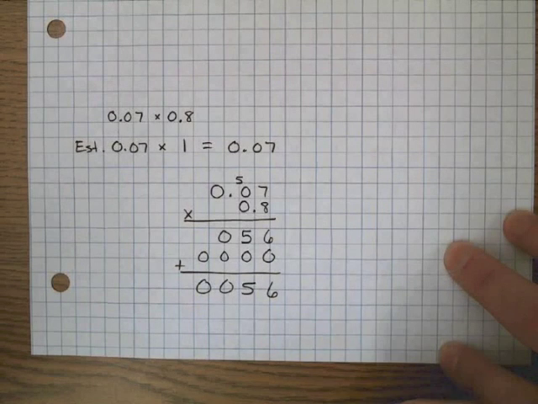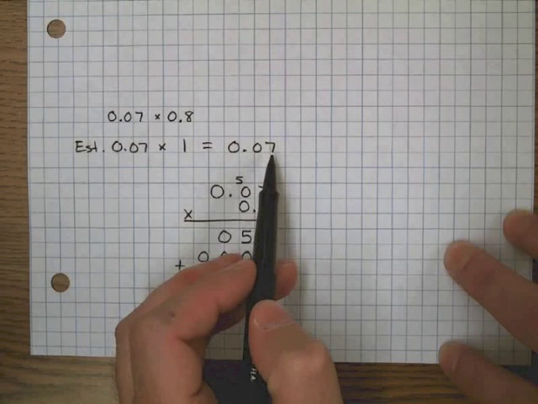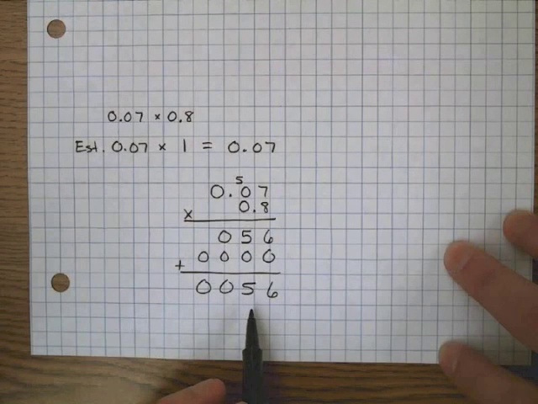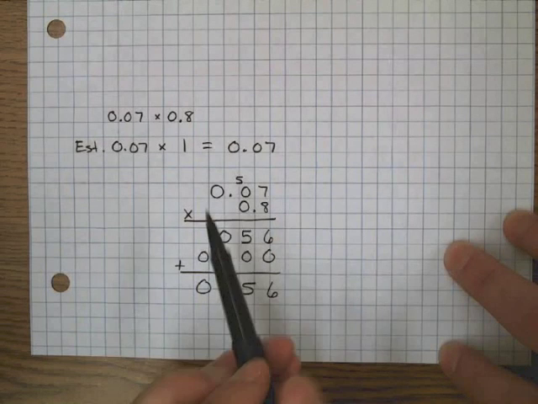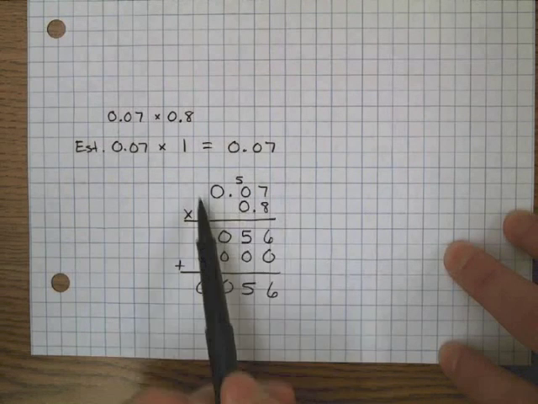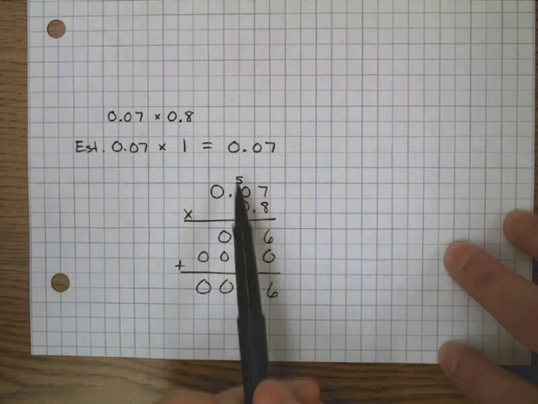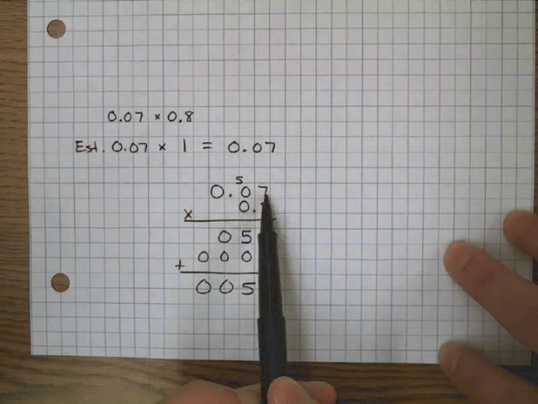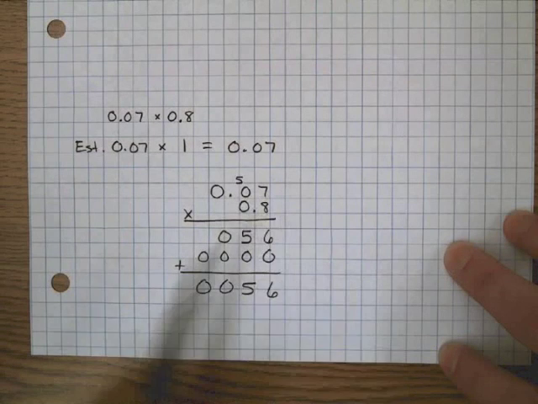And the last step, it's not 56, because my estimate is 7 hundredths, and 56 is a long way from 7 hundredths. So I need to remember to bring my decimal back. I want to see how many place values I have up here. That'll be the same number I need down here. So I have 1 place value, 2 place values, and here I have another one. So I have 1, 2, 3.